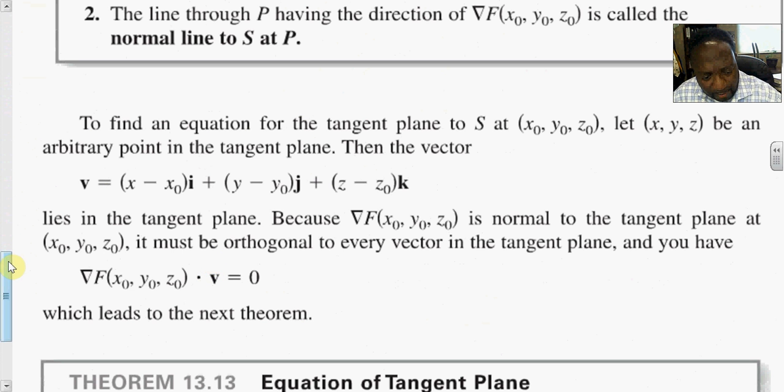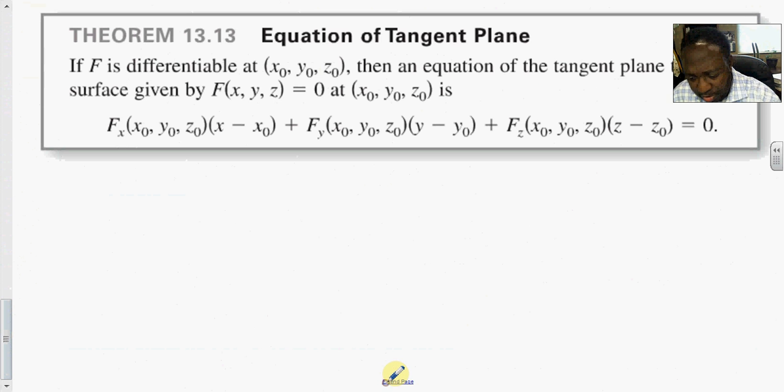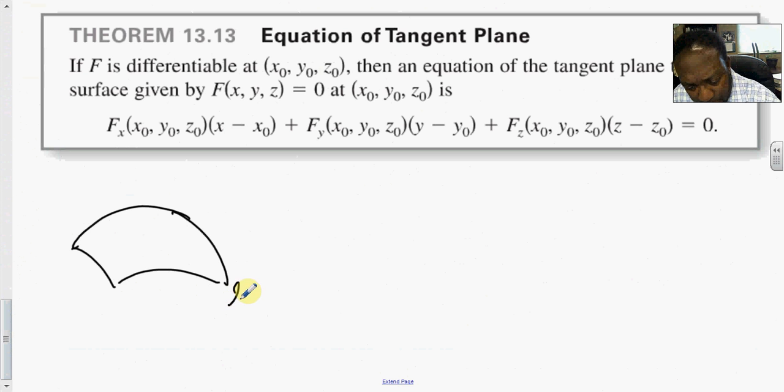If that be the case, then we can build this equation. Well, let's see how that's done. If you consider a surface S, and here we have some vector F, and then this point here will be the point x naught, y naught, z naught. Then if you take the gradient, the gradient of f is said to be perpendicular to the function.